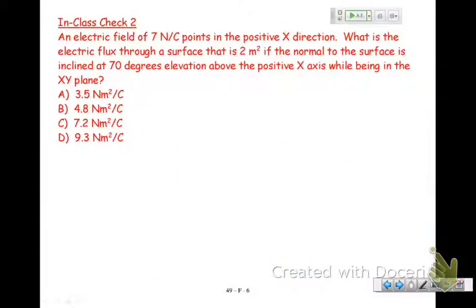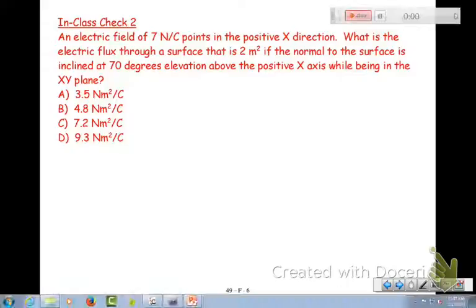Do this one for me. Okay? So it says an electric field, 7 newtons per coulomb, is in the positive x direction. What is the electric flux through a surface that is 2 square meters, if the normal to the surface, I better draw a diagram for this because it's probably a bad explanation on my part.